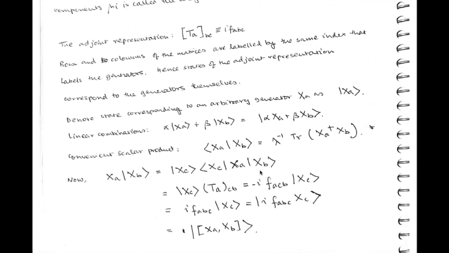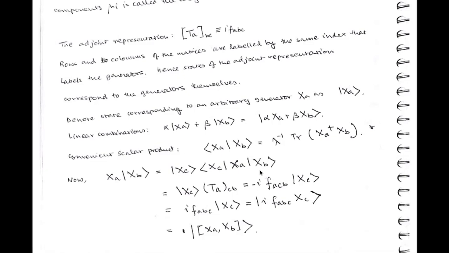Now when we are looking to understand roots, we look specifically at the adjoint representation. Remember that (T_a)_bc is i f_abc. This is what the adjoint representation is. The very important thing is that the states of the adjoint representation correspond to the generators themselves, since the rows and columns of the matrices are labeled by the same index that labels the generators.